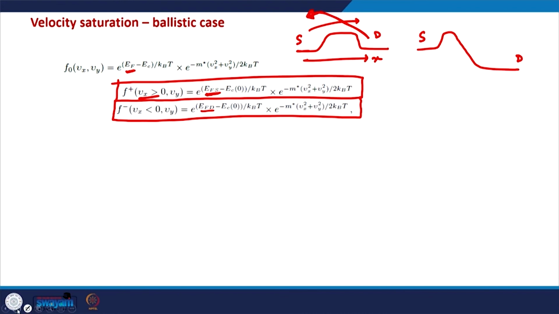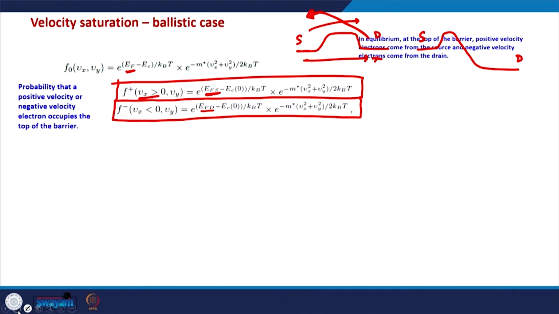So this tells us something important, and here, generally in a MOSFET, we are concerned only about this point, which is the top of the barrier. So for this point EC becomes EC0, and these functions will give us the probability that a positive velocity electron is there.